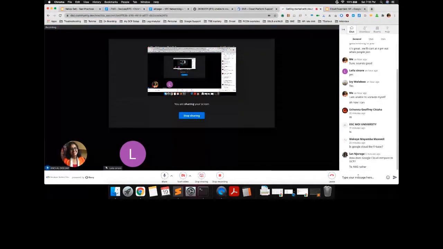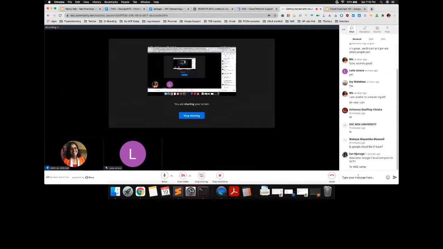How does Google Cloud compare to AWS? Google Cloud is actually GCP, Google Cloud Platform, and compared to AWS, it's a very hard question to answer. AWS obviously has some facilities superior, and first of all, AWS came before GCP, so obviously it has understood the market and customers' requirements better.